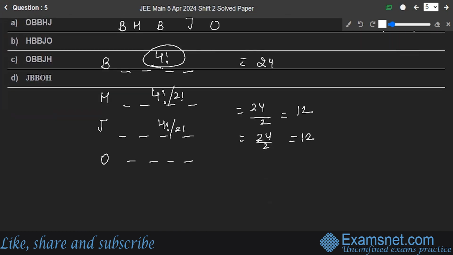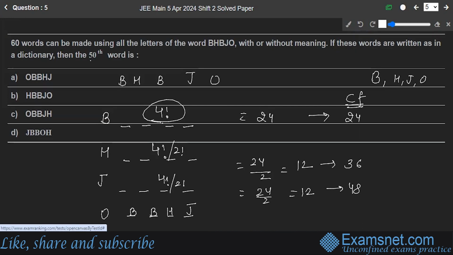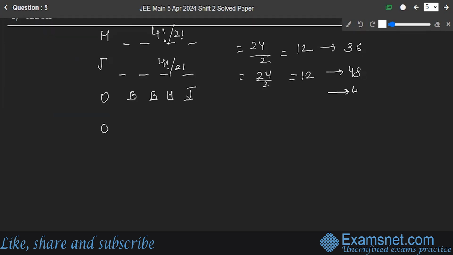Okay, now the next one. Over here, O, then you can have B, B. Writing in the dictionary order, B, B, then you can have H, then J, then O. This is 24. Now, taking the cumulative frequency, this will be 36 and this will be 48. So the next one will be the 49th. The 49th will be OBBJ, and what will be the 50th?